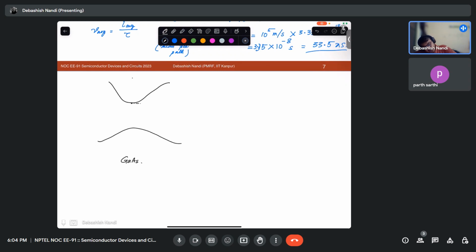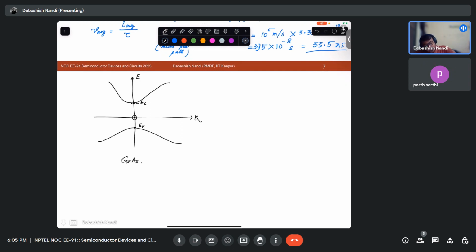This is an E-K diagram, energy versus K, or band structure. This is K, this is E, this is EC, this is EV. So you mean to say that the EC minimum and EV maximum happen at the same K point, right?